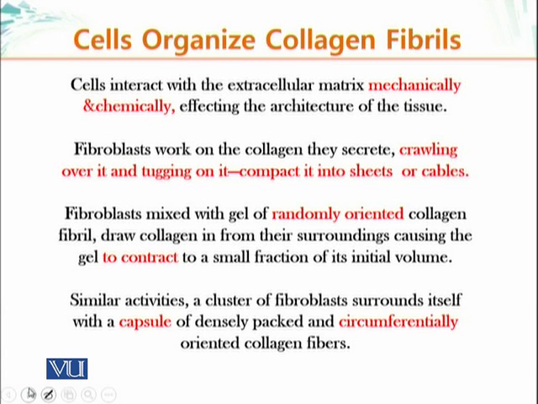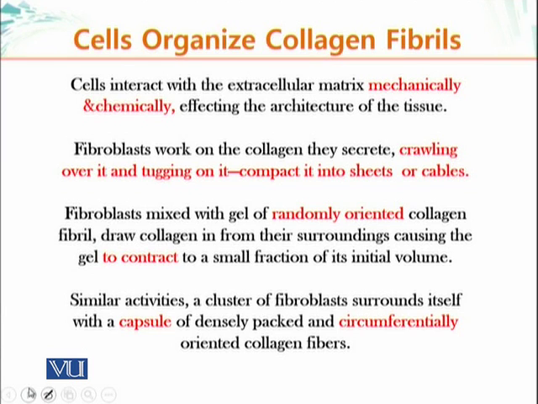If we put fibroblasts on a collagen gel, which is in random orientation, the molecules are hanging out at random. These fibroblasts draw collagen, they pull the collagen in from their surroundings, and they basically result in a contraction of this collagen gel from its original or initial volume.